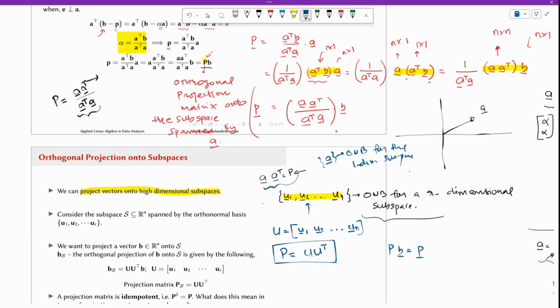If that is the case, then the way we found the projection matrix was A transpose, which is exactly this. This is just a more generalized form. If r was 1, these two equations would be exactly the same.